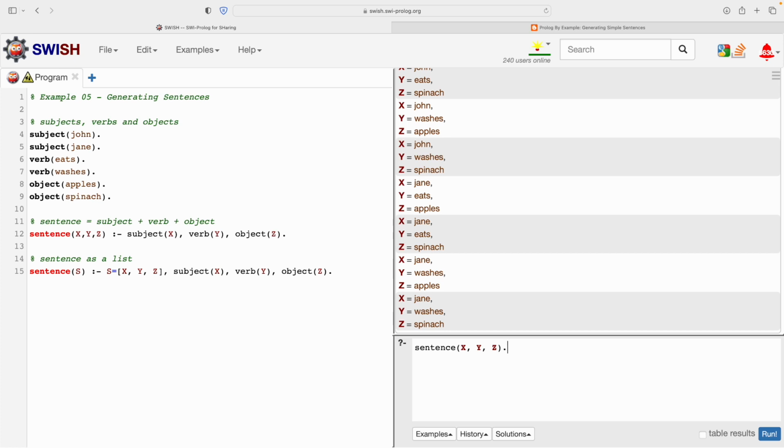What we've not done is written a program like we might in C or Python or JavaScript, which in minuscule steps constructs a sentence. We haven't said join John with, find the list of subjects and pick out one, and then find the list of verbs and pick out another word, and find a list of objects and pick out another word and join them together to make a sentence.